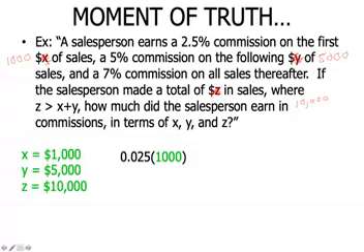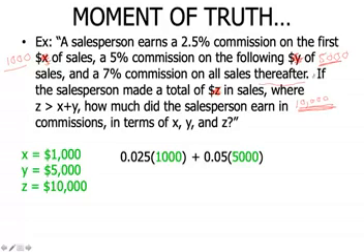And then I'm going to earn a 5% commission on the next $5,000 of sales. Now here's the tricky part. I'm going to earn a 7% commission on all sales thereafter. That doesn't mean I earn a 7% commission on 10,000. 10,000 was the total number of sales that I made. How many sales did I make after I sold 1,000 and 5,000, so 6,000?